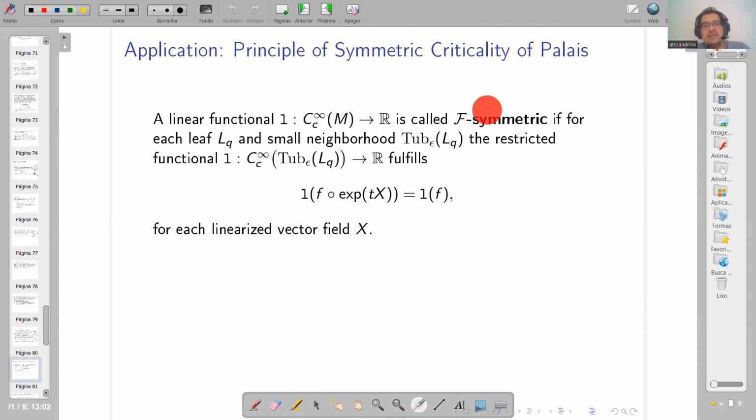We say it is symmetric if, although F is not basic, when I compose F with the flow of the so-called linearized vector fields that generate this linear foliation, the maximal infinitesimal homogeneous foliations, then it works. When this works, we call our linear functional symmetric.